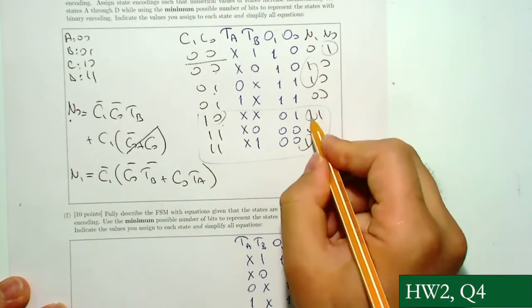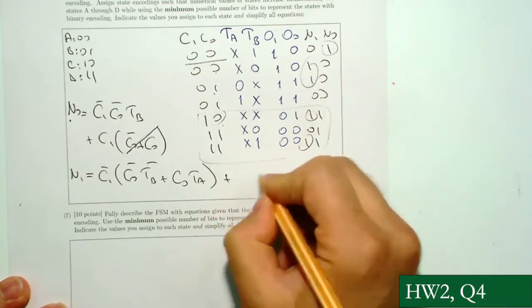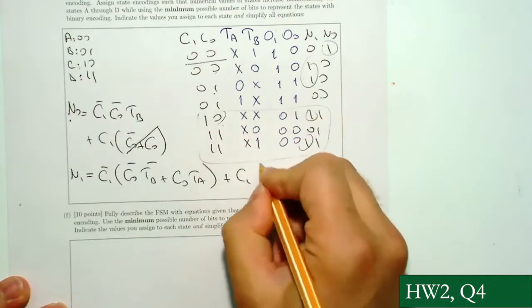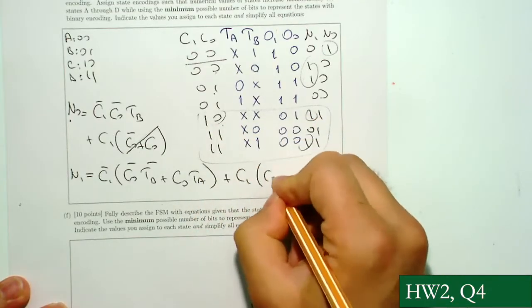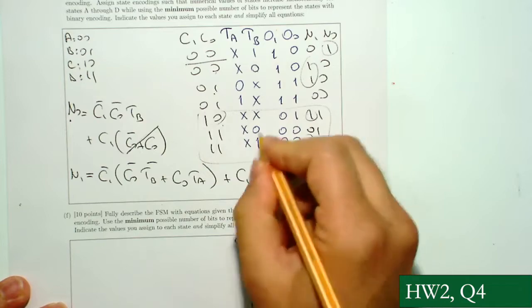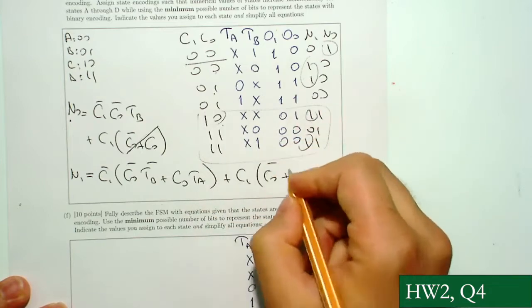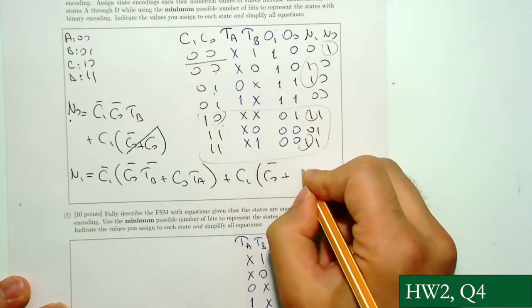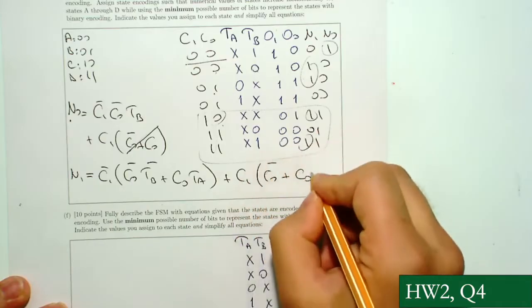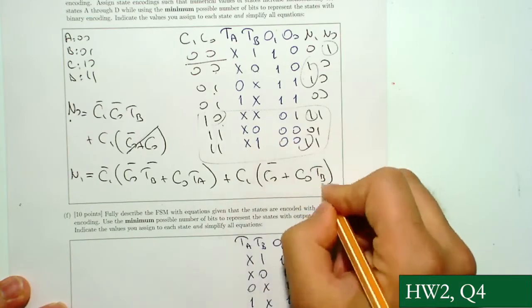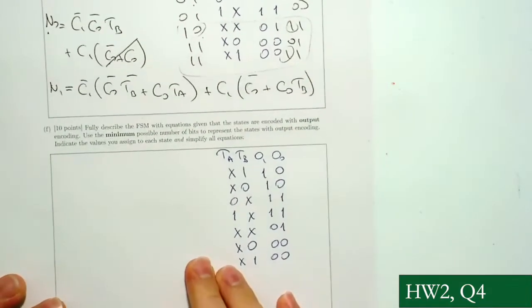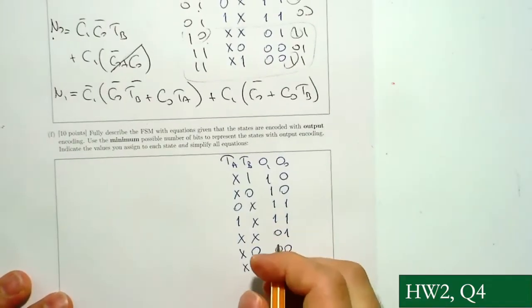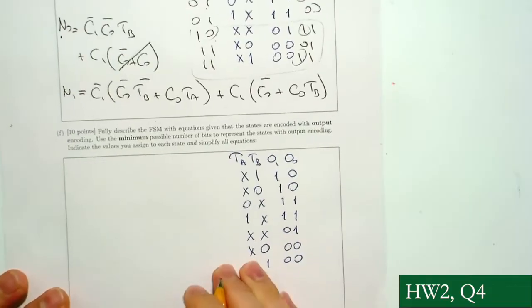Okay, and for these ones, I have C1 as 1 and C0 not, or here C0 and TB, I guess. So this is as is. Yeah, this is not simplified.